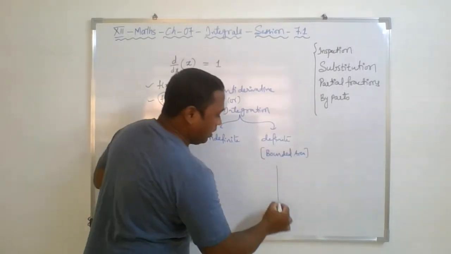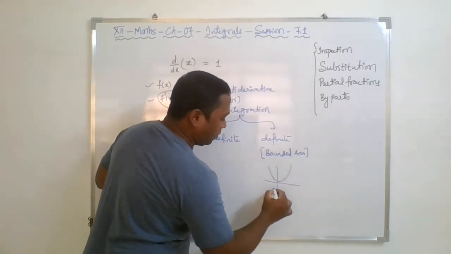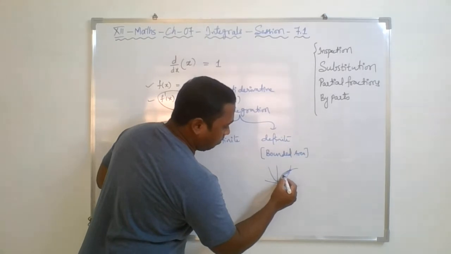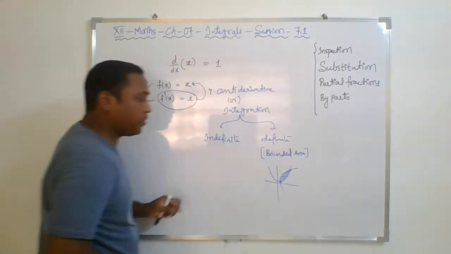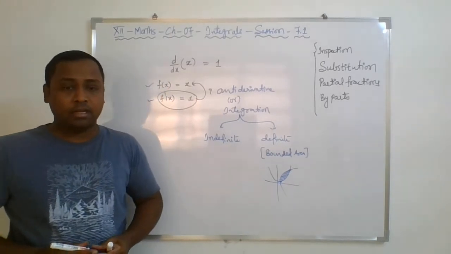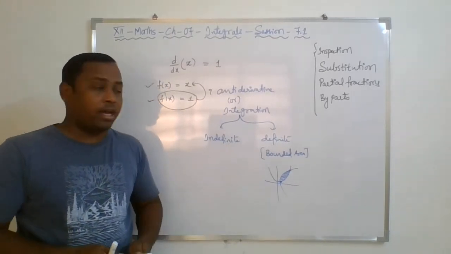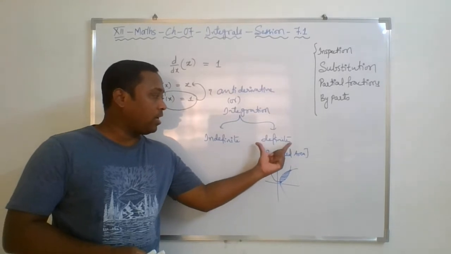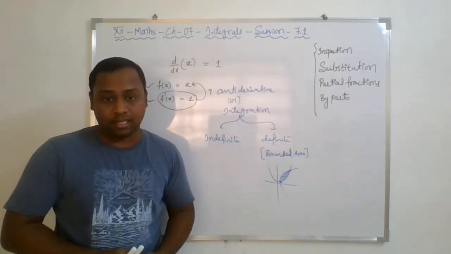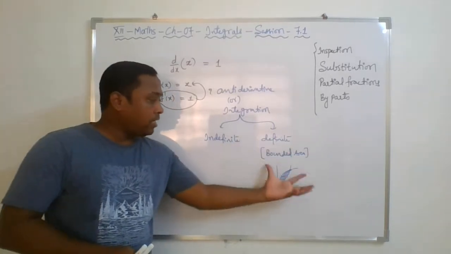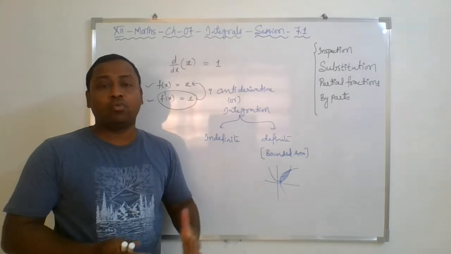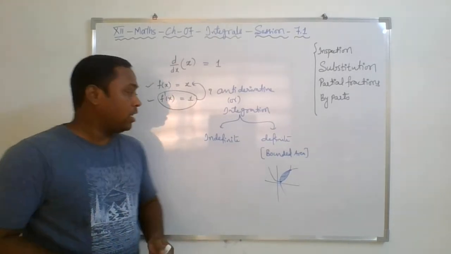Let us say there are two parabolas drawn in such a way, and you want to find the area bounded by these two curves. Since we don't have a specific formula for that, we need some technique, and that technique is fulfilled by the definite integrals. So definite integrals are used to find the bounded area between two or more curves.